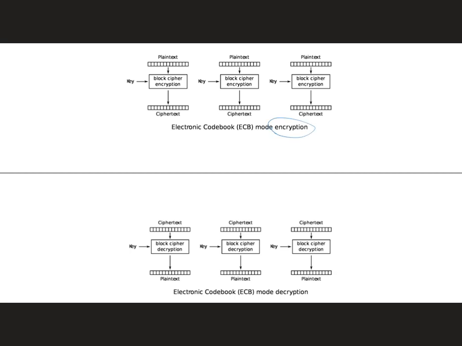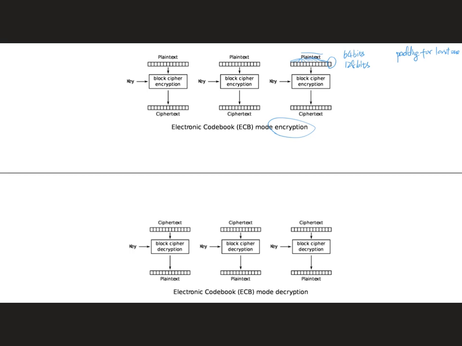We can see the plain text can be divided into several blocks, and each block has the same size except for the last one, because the total length of the plain text may not be a multiple of 64 bits or 128 bits. At this time, we can just pad the last block. Then we can do the encryption.